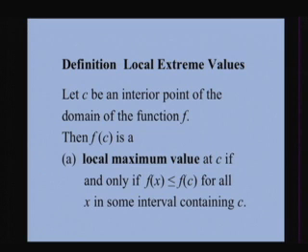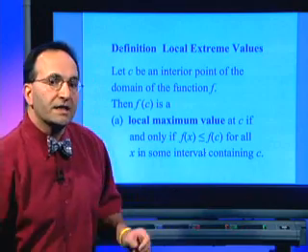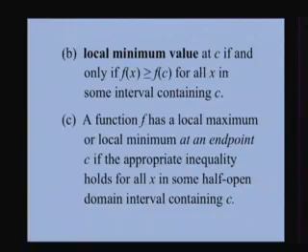Then f(c) is a local maximum value at c if and only if f(x) is less than or equal to f(c) for all x in some interval containing c. Let's look at what it is for a local minimum. The local minimum value at c, if and only if f(x) is greater than or equal to f(c) for all the x in some interval containing c.